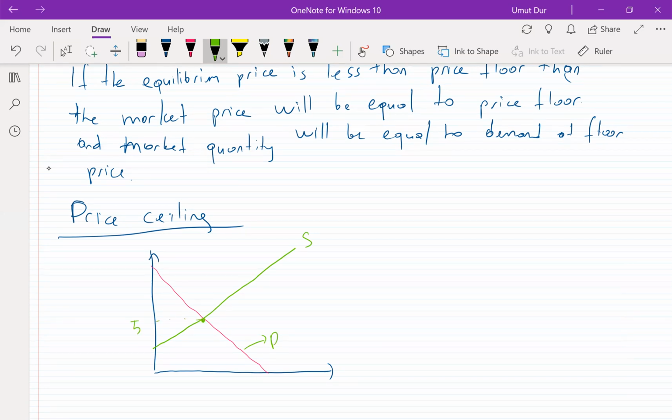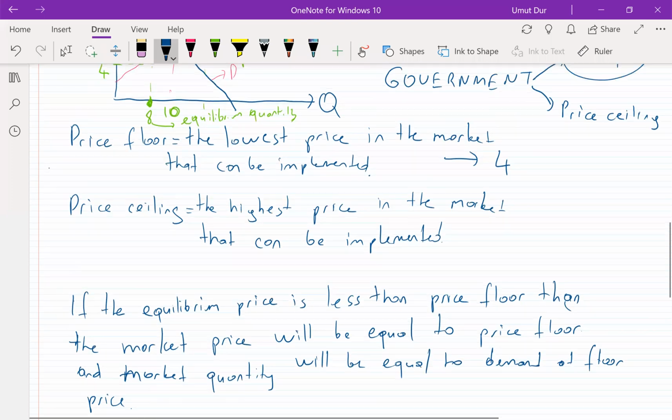Let's say it is 10, and this is 5 and 10, without any intervention. This is quantity.